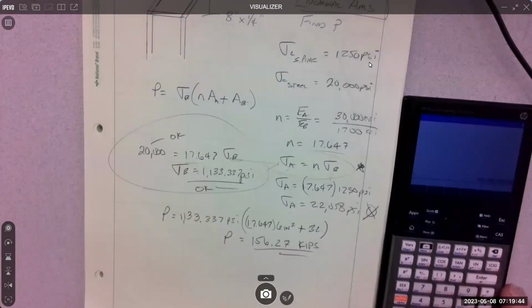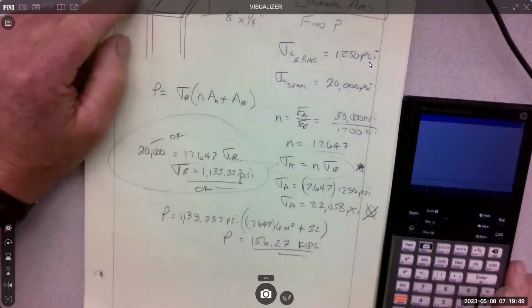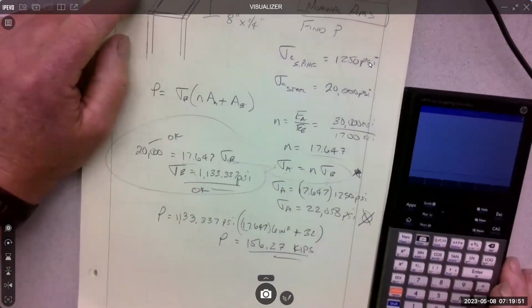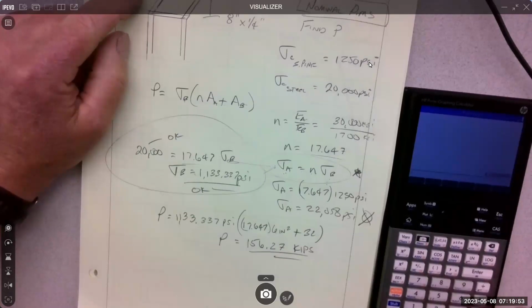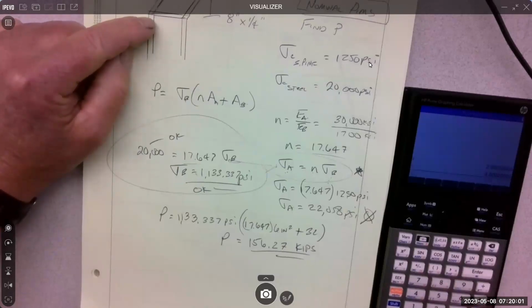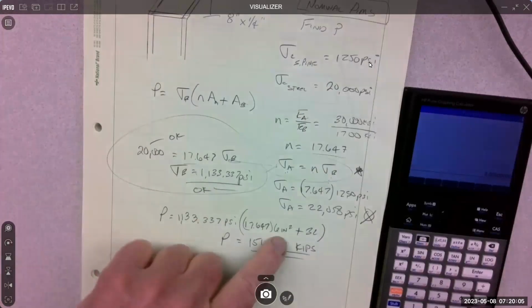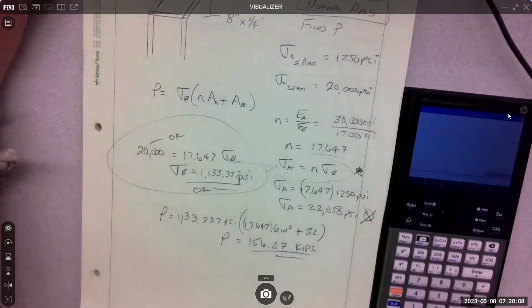Now I get the same number again. Let me just check my area of my steel. That's good.